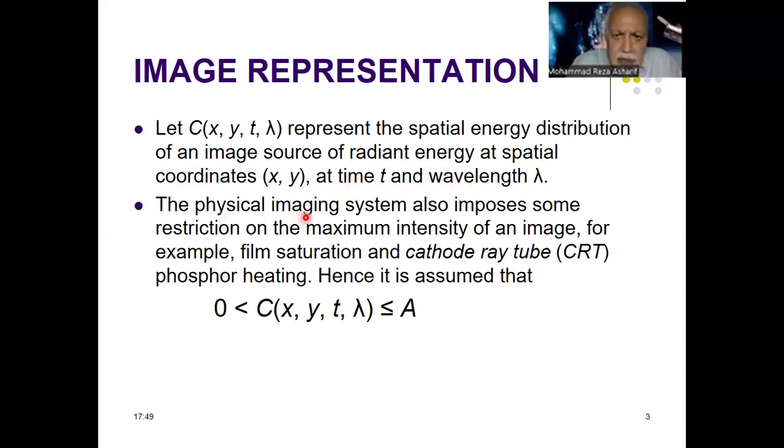The physical imaging system also imposes some restriction on the maximum intensity of an image, for example, film saturation and cathode ray tube photo heating, etc. So this C is between 0 and A.